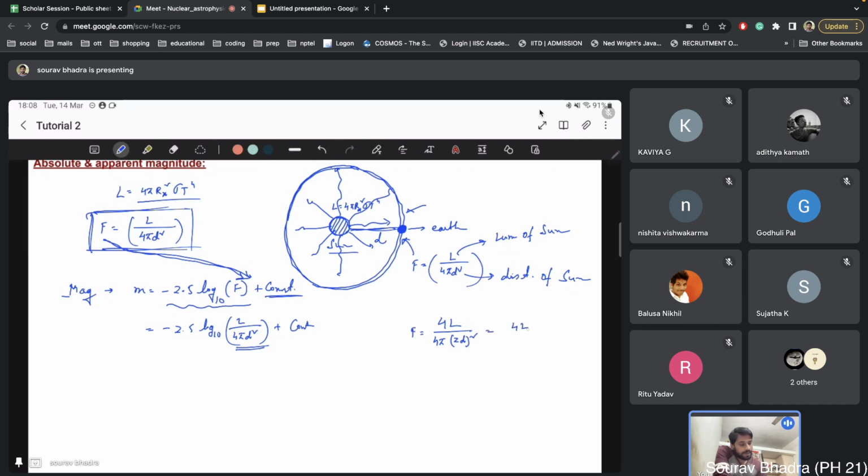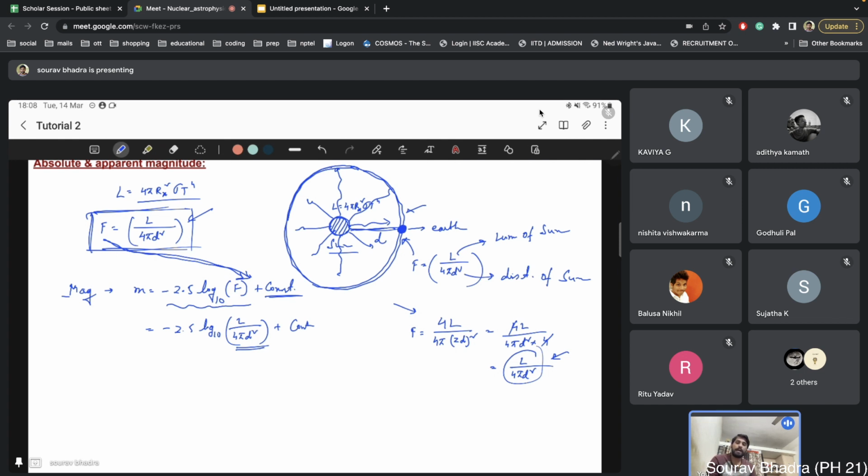Now if you write it, it will be 4 pi d square times 4, and this 4 cancels out. So you can see that here you are getting L by 4 pi d square, and here also you are getting L by 4 pi d square, so you are measuring the same flux, but the distance and the luminosity have changed. In the second case the distance has been doubled and the luminosity is 4 times the previous, but we are getting the same flux.